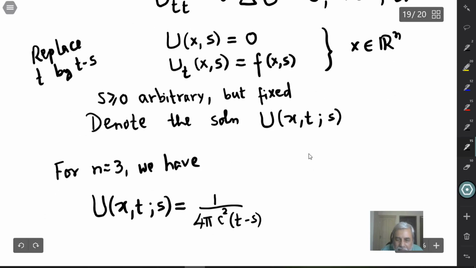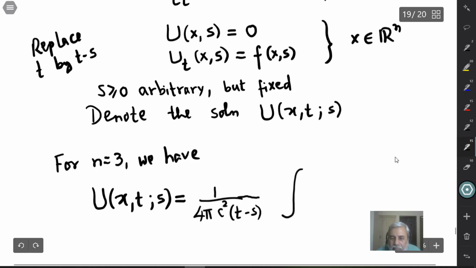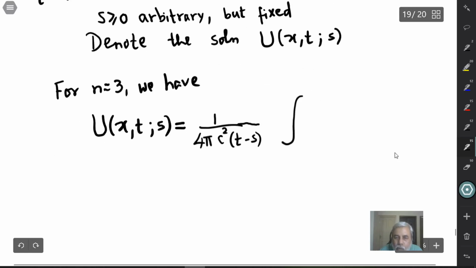Okay, and now this integral, there is no change there, so this is again a surface integral. So this y minus x is equal to c times t minus s. Wherever t is there, you just replace it by t minus s.